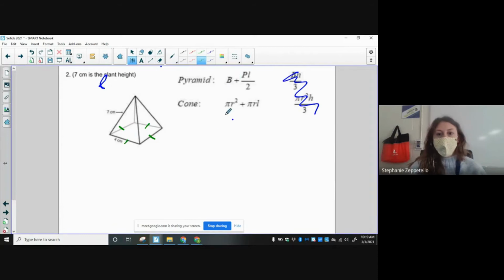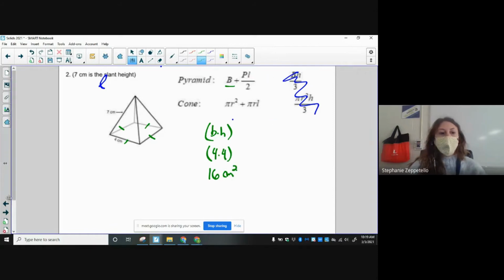So big B, I'm going to replace with base times height. Or you can also do s squared, right? Because that's big B. And then in this case, I'm just going to do each part, base first and then the rest of it. 4 times 4. So that means big B, the area of the base, in this case a square, is 16 centimeters squared.